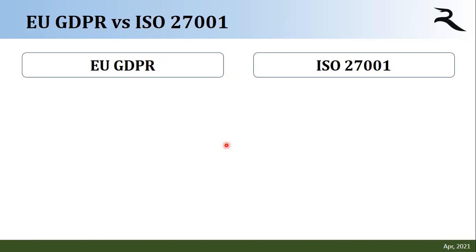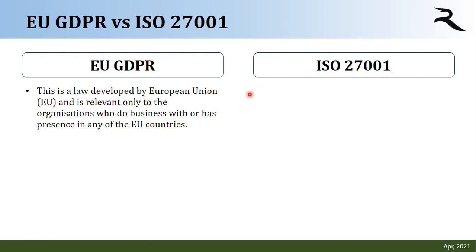Now, one common question we always get is, what is the difference between GDPR and the ISO 27001 standard? I'm sure most of you know this. There is an ISO 27001 standard, which is in principle similar to what GDPR is doing, right? So let's look at a very high level what the differences are. Firstly, GDPR is a law, right?